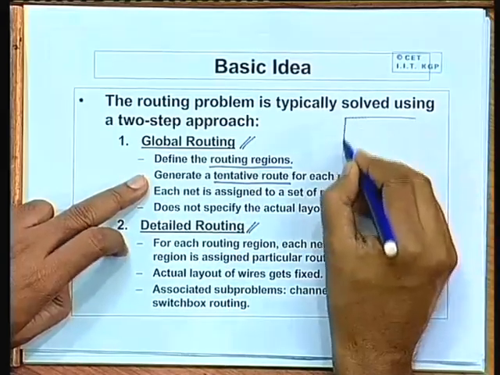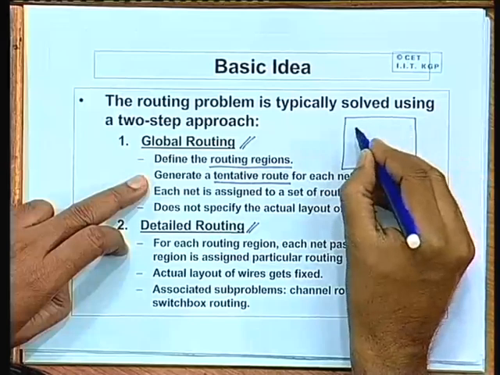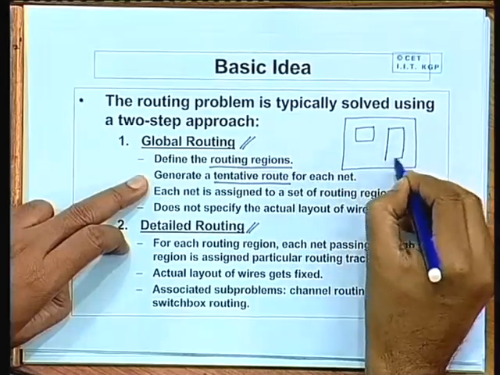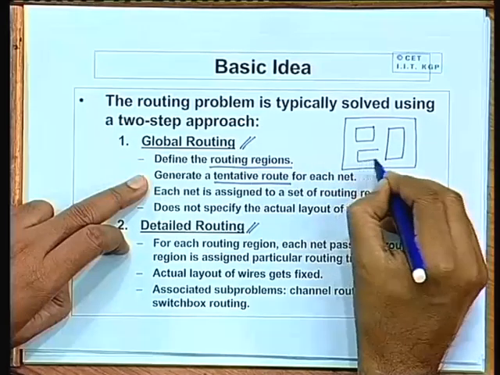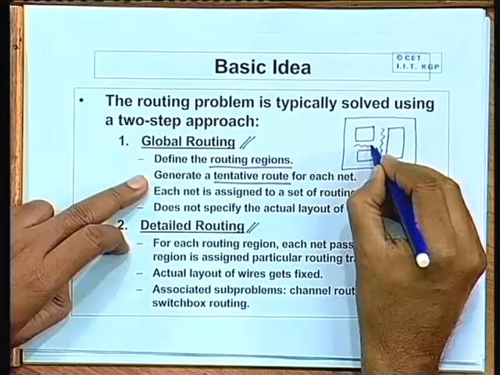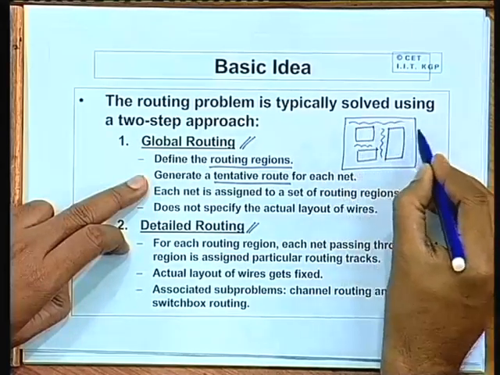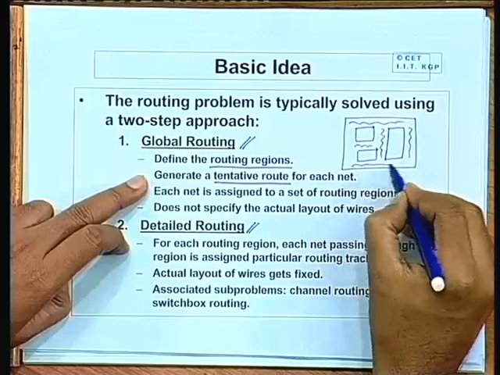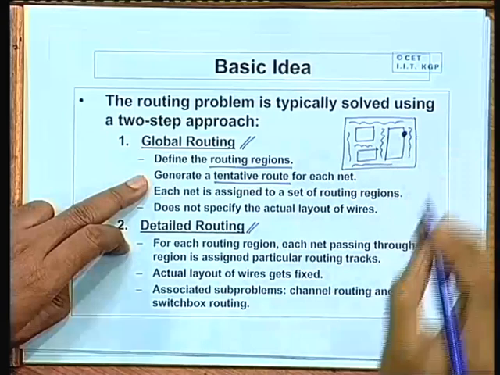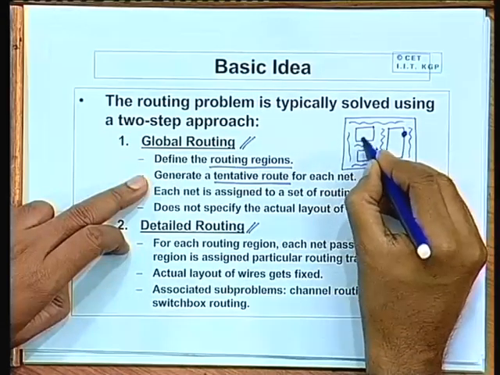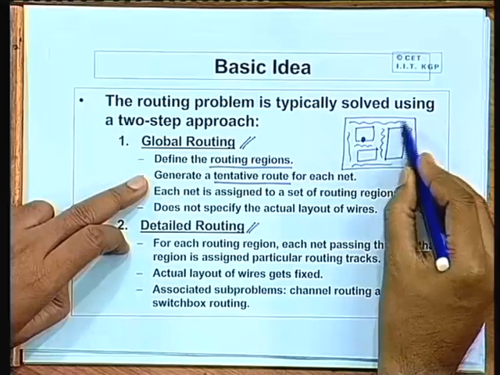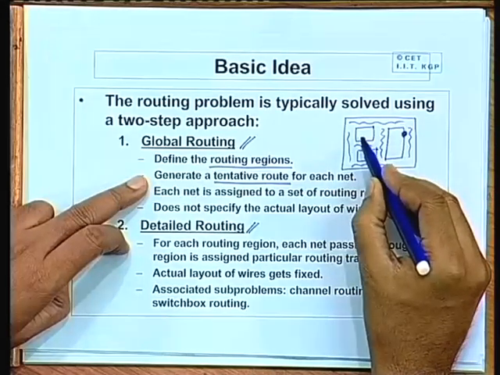For instance, on the silicon floor, suppose I have a block like this, I have a block like this, I have a block like this. So, these will be the routing regions. Okay? This is one routing region, this is one routing region, these are all routing regions. So, if we have to connect a pin say from here to a pin say out here, then we will have to find out the sequence of routing regions through which this net has to be routed.